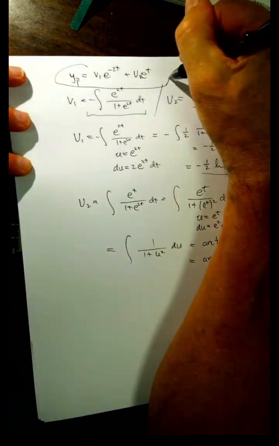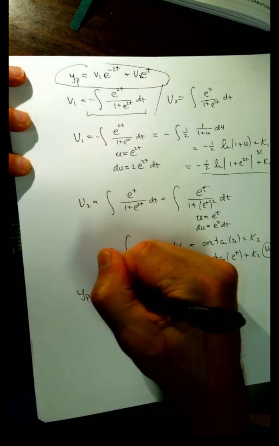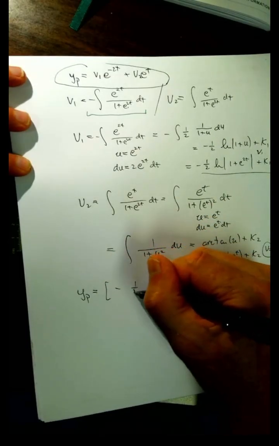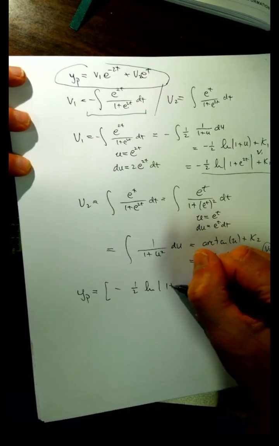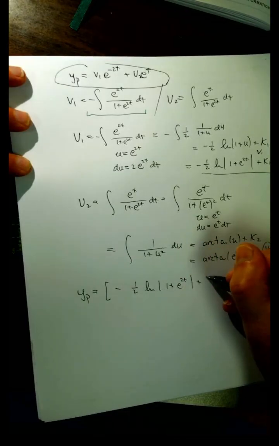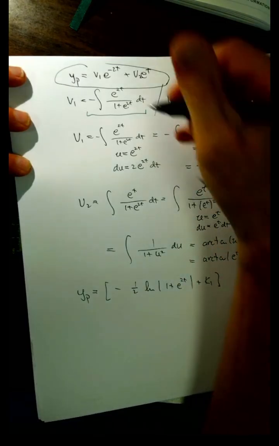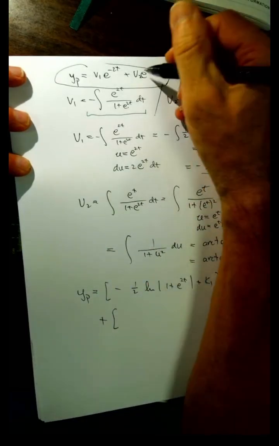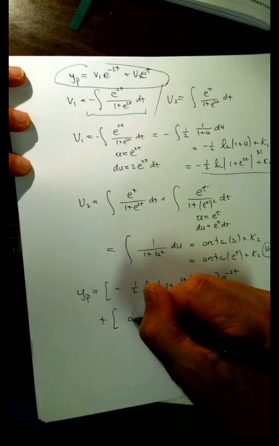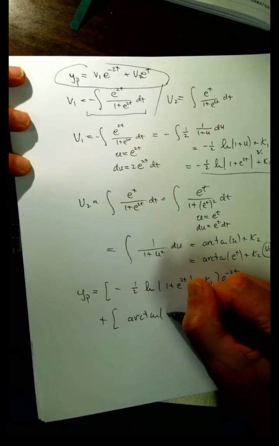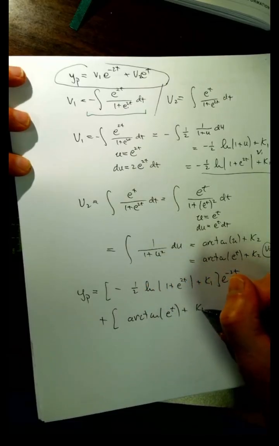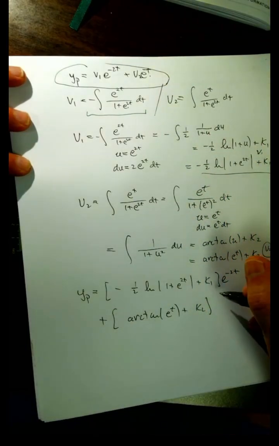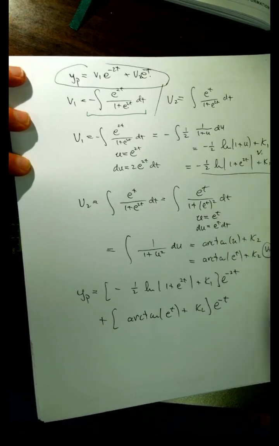So coming back to here, yp is v1. Where's my v1? It's minus 1/2 log of 1 plus e to the 2t plus k1 times e to the minus 2t plus v2, which is that horrible looking thing, arctangent of e to the t plus k2, times e to the minus t.